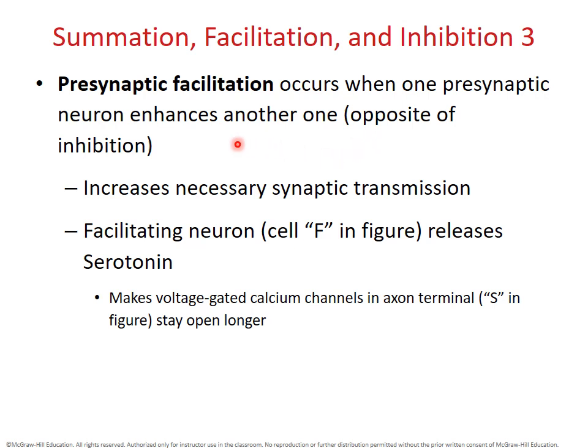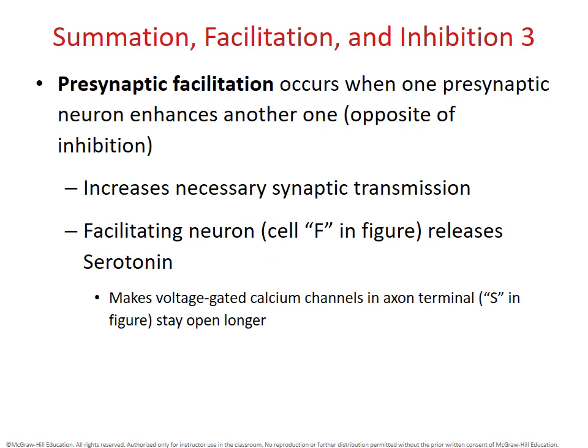This is what we call presynaptic facilitation, increase in the likelihood that a presynaptic cell can stimulate a postsynaptic cell. The third neuron in this case that can do this is called the facilitating neuron. And there are a couple of ways in which this can happen.